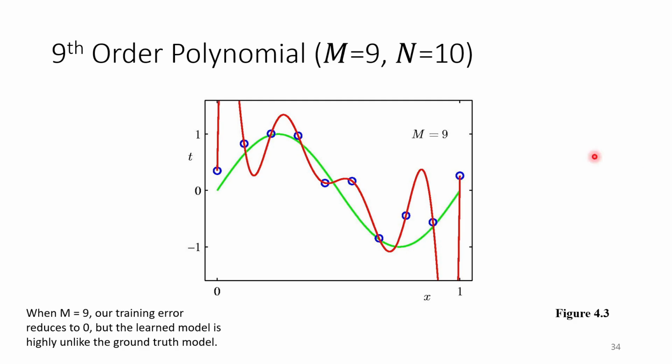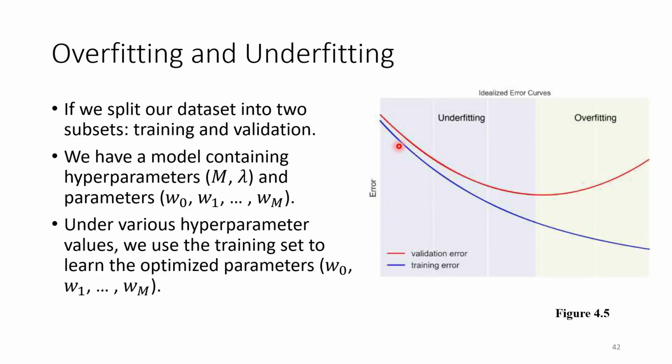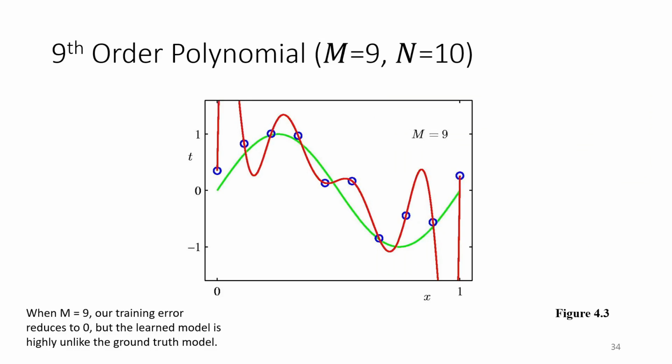And the model is getting into an overfitting case. It means we can reduce the training error to a very, very small value. And in this case, how large is the training error?